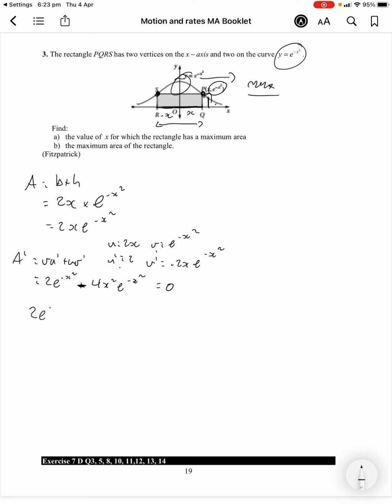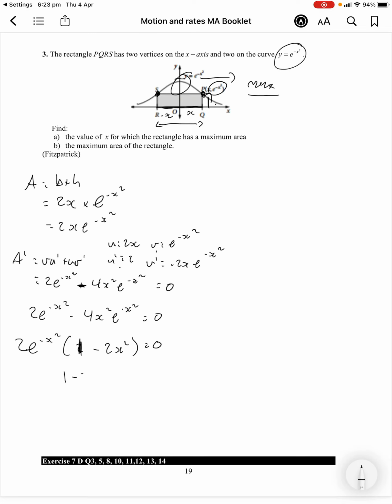So I've got 2e to the negative x squared minus 4x squared e to the negative x squared is equal to 0. Let's factor out e to the negative x squared. Taking out 2, I've got 1 minus 2x squared is going to be equal to 0.